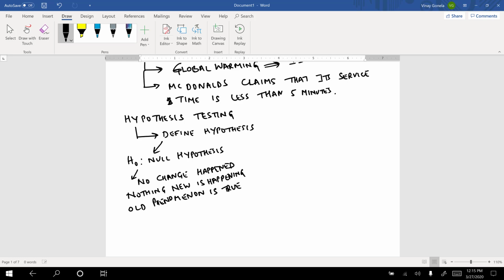And then alternatively, there will be H alternative, which is the alternative hypothesis. So this is a new theory, or something new is happening.